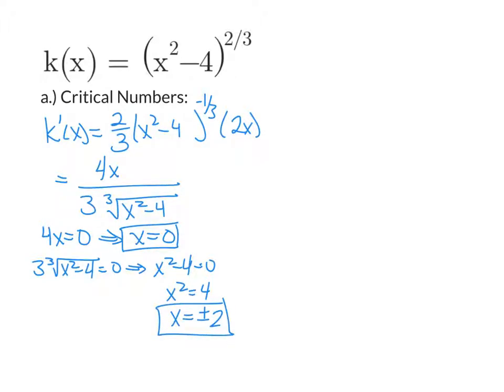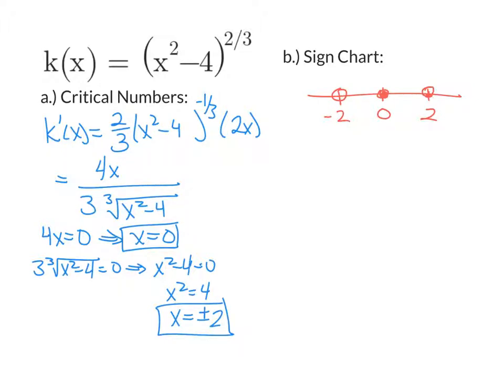So now we have 3 critical numbers that we have to worry about. So let's make a sign chart. We have 3 critical numbers. They're going to happen at 0, at 2, and at negative 2. And actually for 2 and negative 2, that is when the derivative is undefined. At 0 is when the derivative is equal to 0.